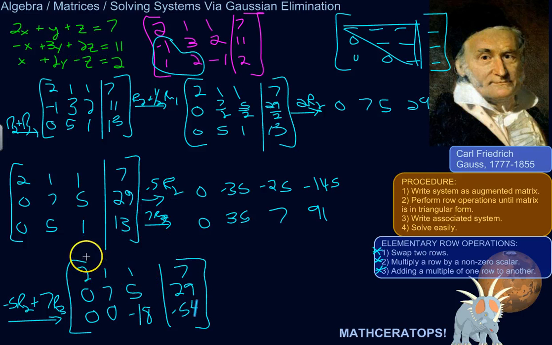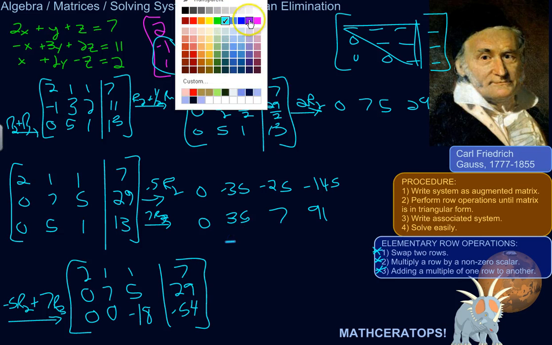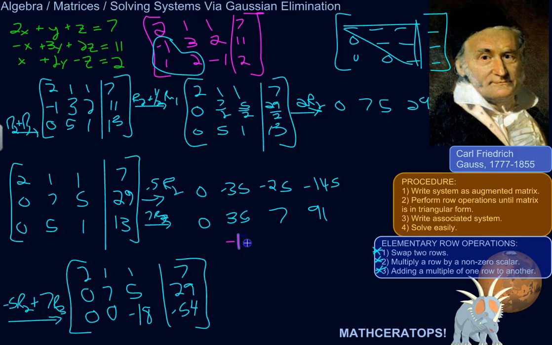Remember, these coefficients were for x, these coefficients were for y, these were for z. So what this is saying is simply, and I'm going to switch colors here, negative 18z equals negative 54. Well, divide by negative 18, divide by negative 18.